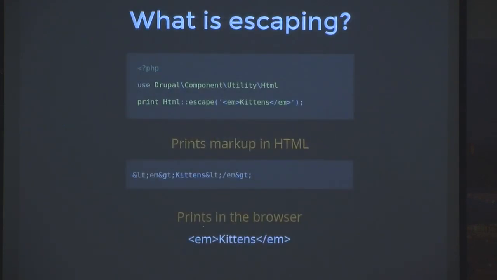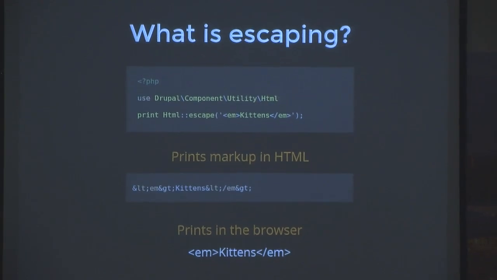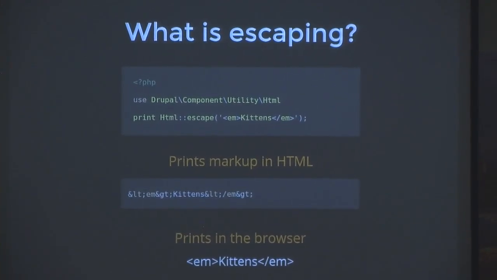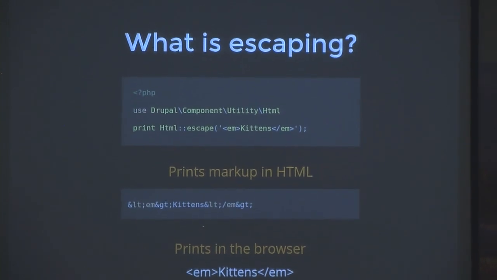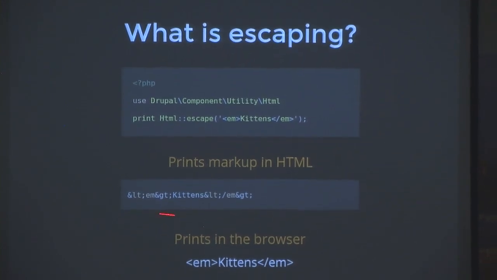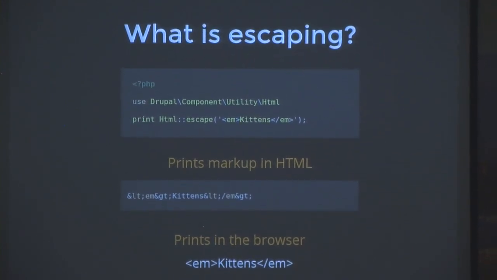So if you don't know already what is auto escaping, I'm going to explain it. Let's start with what is escaping. Here, I'm calling the HTML escape. What happens is that we will convert all the possible characters that a browser might consider as an HTML into UTF characters, so that they won't be rendered as an HTML.